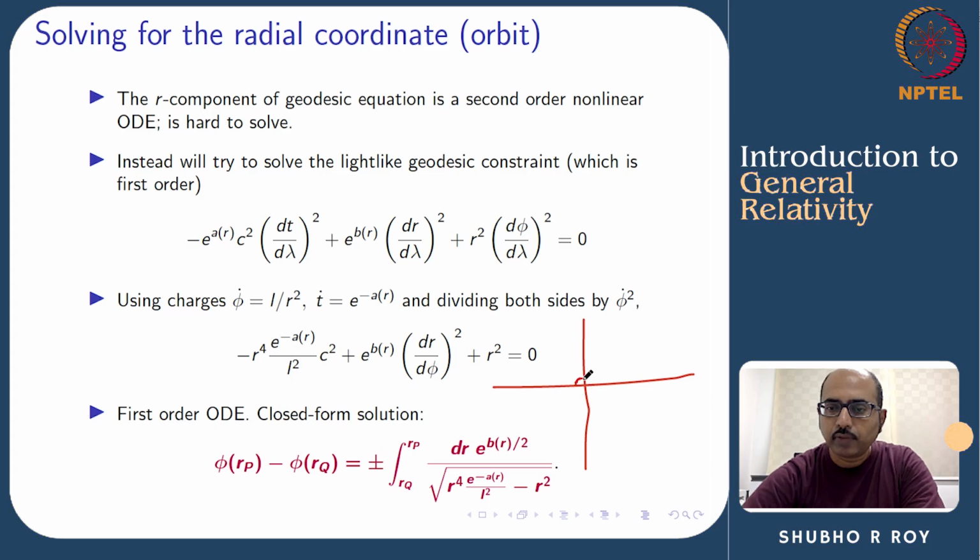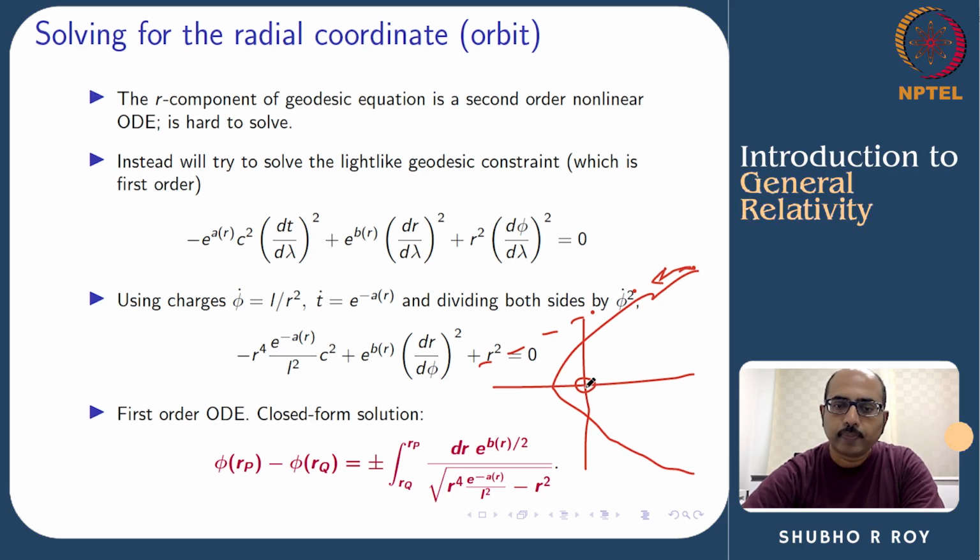Let's say we are in the gravitational field of a spherical star like the sun, and let's say a light ray is coming from infinity. Now, had the gravitational force of the sun not been there, it would have continued on its merry way in a straight line. But because of the sun, we will see that the light will get attracted towards the sun and then turn around like this.